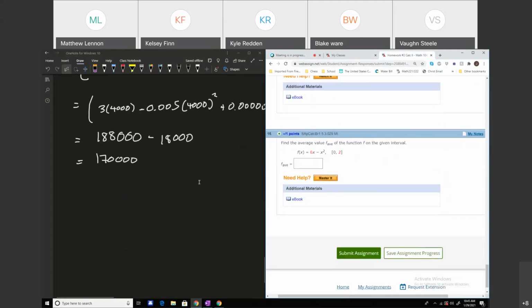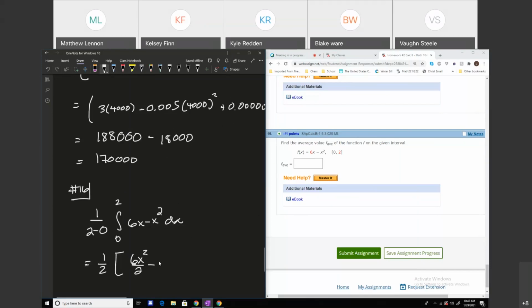Average value function. So this one shouldn't be bad at all. So you just do 1 over 2 minus 0 times the integral from 0 to 2 of 6x minus x squared. So we have 1/2 times this antiderivative, which is going to be 6x squared over 2 minus x to the third over 3, from 0 to 2.